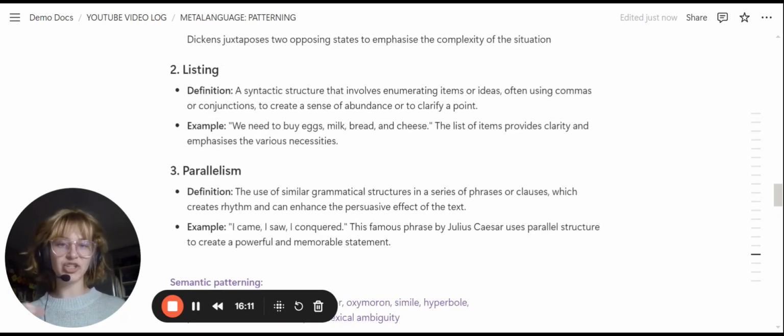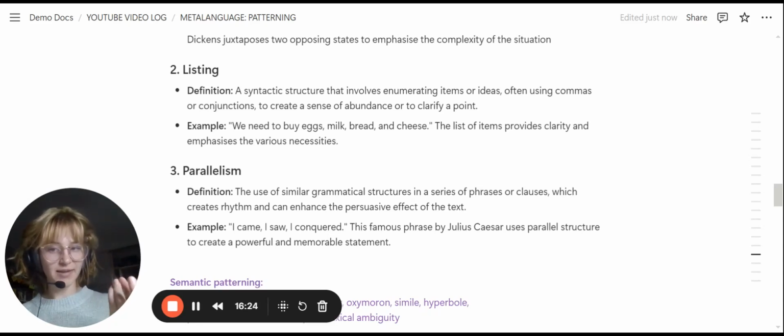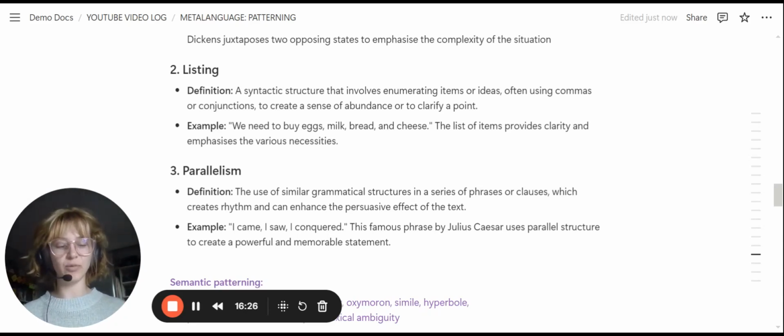And you've got listing, which is just a way to either make a point about the sense of abundance, or it could just be to back up your claim about something. So a similar sort of idea where I'm trying to emphasize how much shopping I need to do. We need to buy eggs, milk, bread, cheese, anything else that has lactose in it.